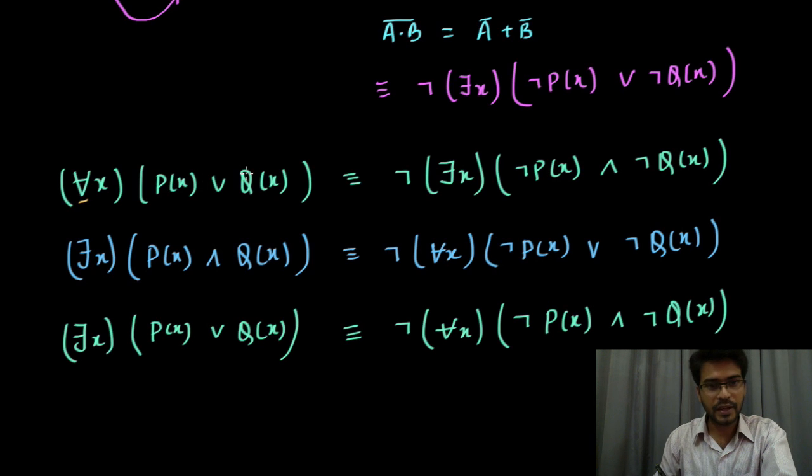When you apply De Morgan's theorem, this becomes not P(x) and not Q(x). That was for the universal quantifier, and these are for the existential quantifier. Again we are applying the same method by taking two negation signs. I believe this is very simple and very clear. You need not remember anything.